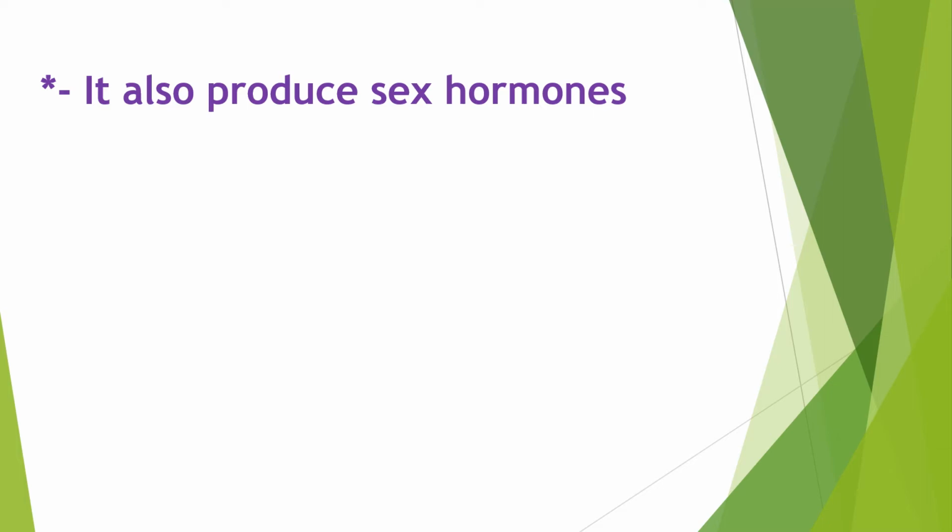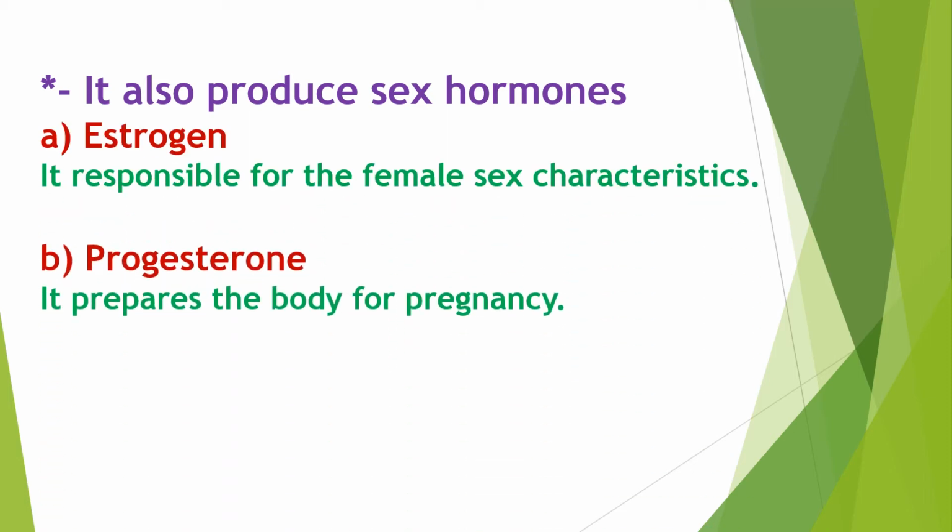But the female reproductive system produces two types of hormones, which are number one, estrogen, and number two, progesterone.